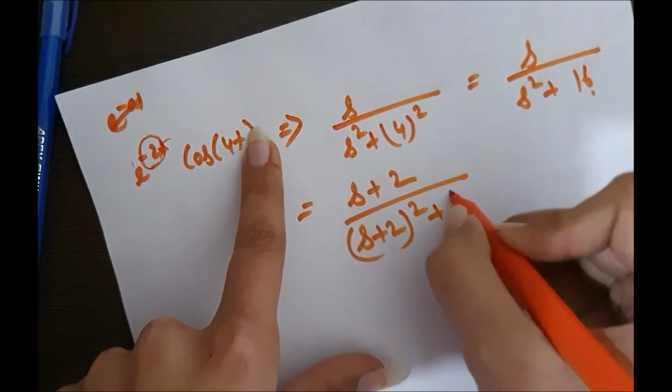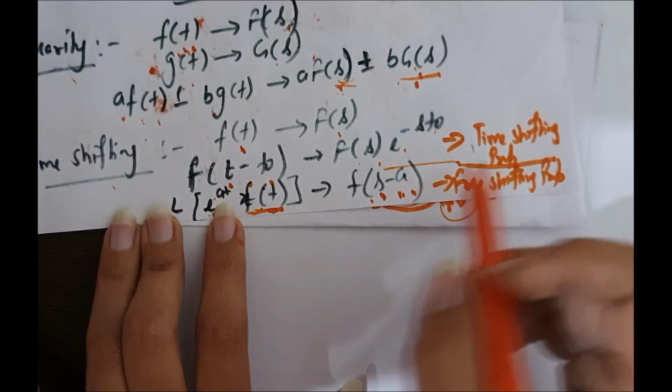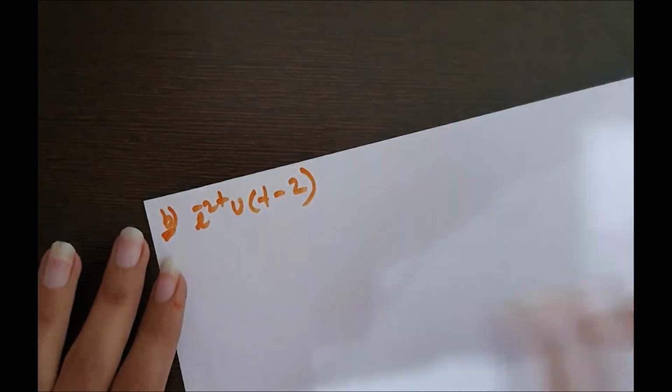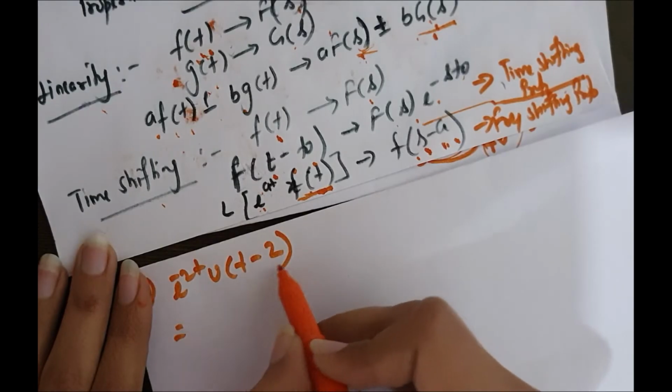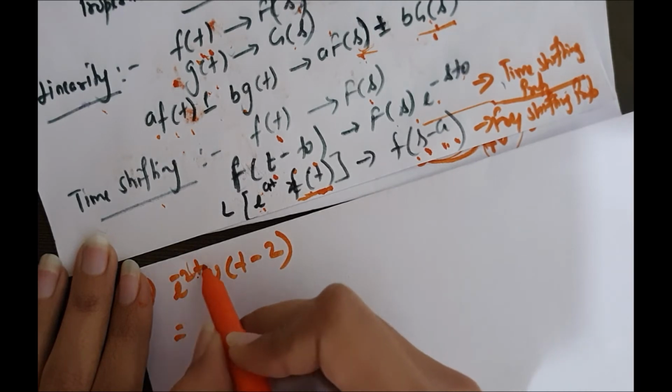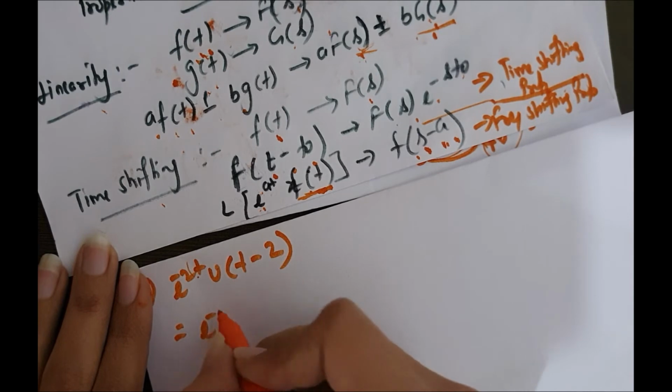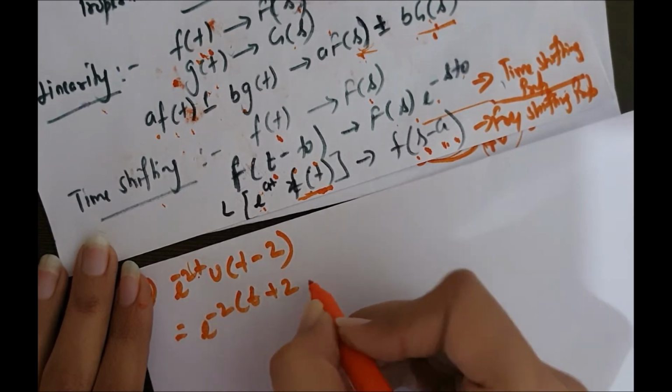square plus 16. Now let's see an example of the time shifting property. Here we have t minus 2, so we have to shift it by t minus 2 in the time domain. So for that we can do t plus 2, t minus 2.